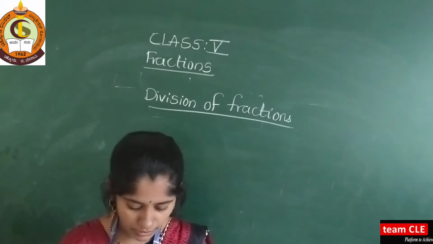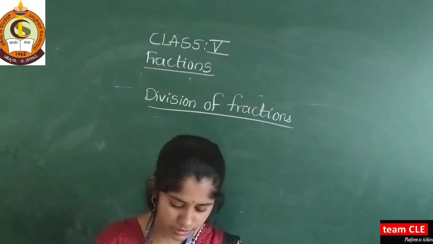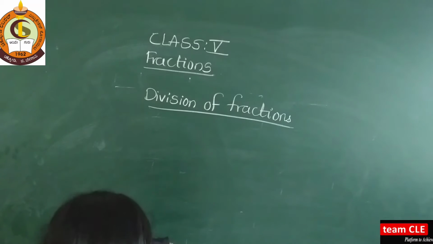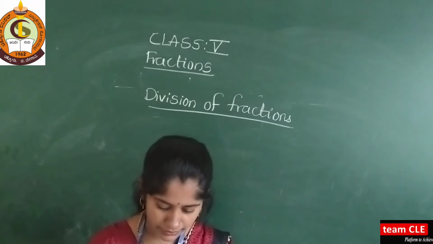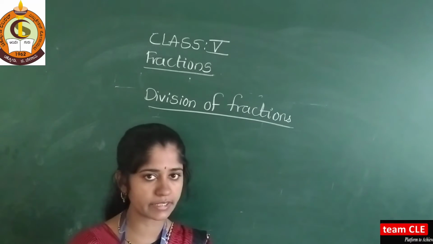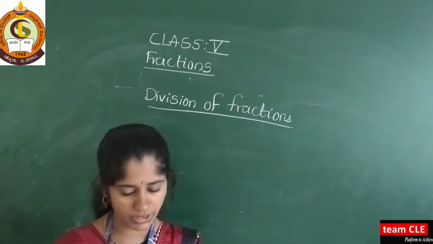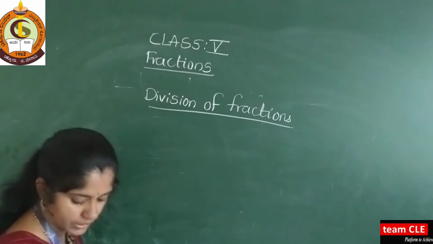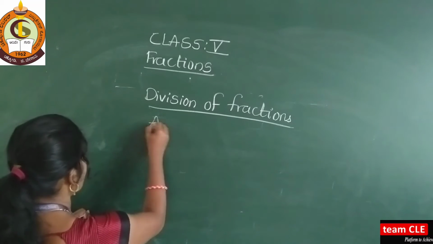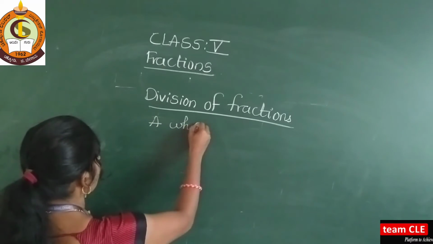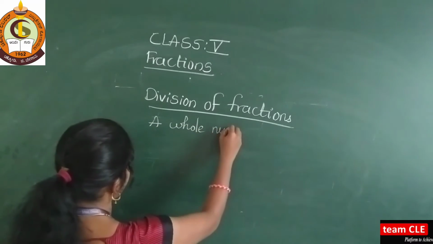Very important. Here one can come across division in 3 forms. See here, a whole number divided by a fraction. So there are 3 types, and one I will teach now: a whole number divided by a fraction.